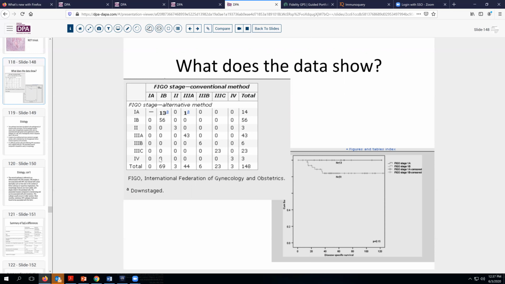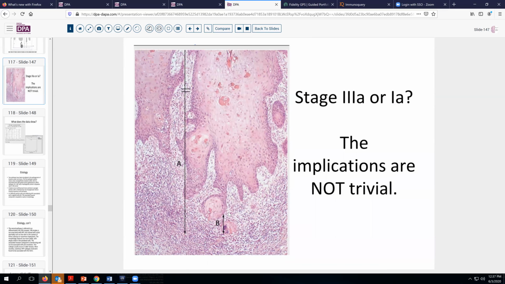Of the 69 1B cases, 13 were downgraded using their method to 1A, as would be expected. And one that was 3A was downgraded to 1A. So that was probably this case, whereas you can see this would be a very thin measurement versus this would be a very deep measurement.